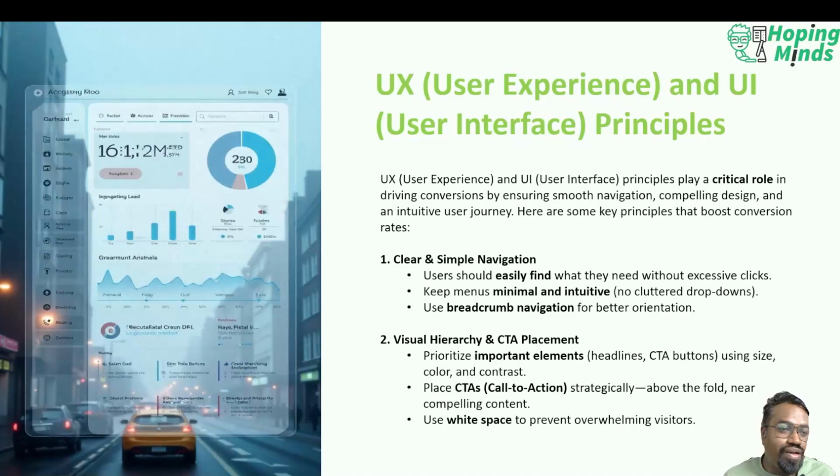There should be proper call to action buttons which tell me what kind of action I should take from this website, right? The call to action button should be strategically placed, above or over the header, or in between as well. You can also use white space to prevent overwhelming visitors, right?